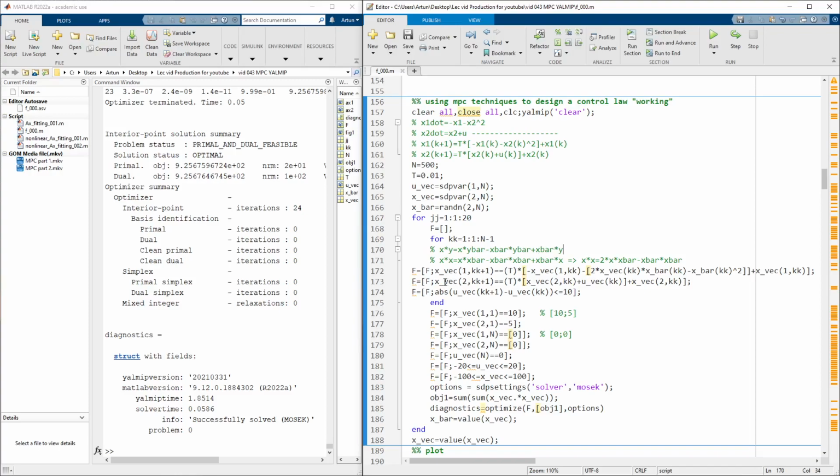Here, this is for the x1 dot dynamics. We changed that term, x2 squared.